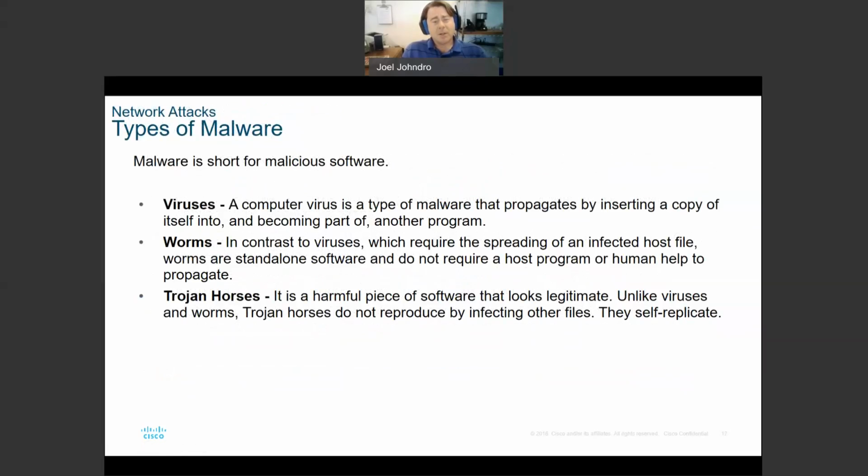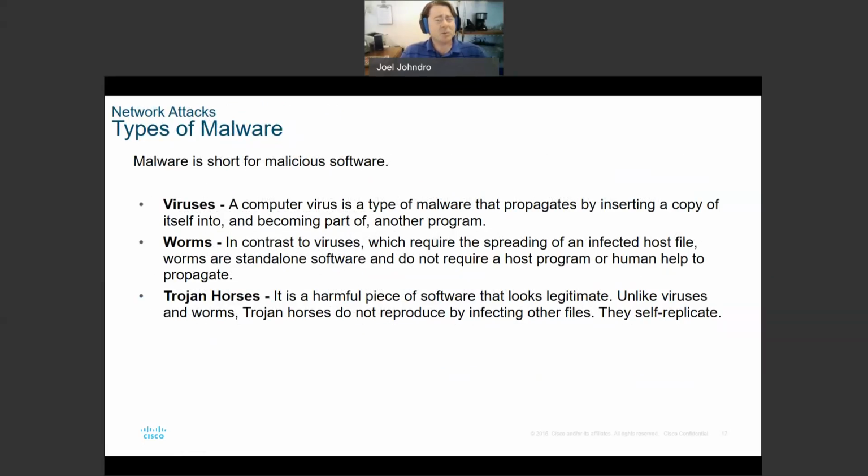Well, malware is really an umbrella term that refers to any software that's bad. Think viruses, worms, Trojans, spyware, things like that, all fall under malware. Viruses and worms reproduce by infecting other files and programs.